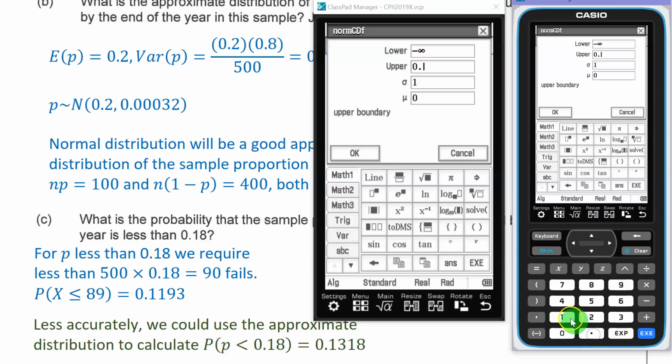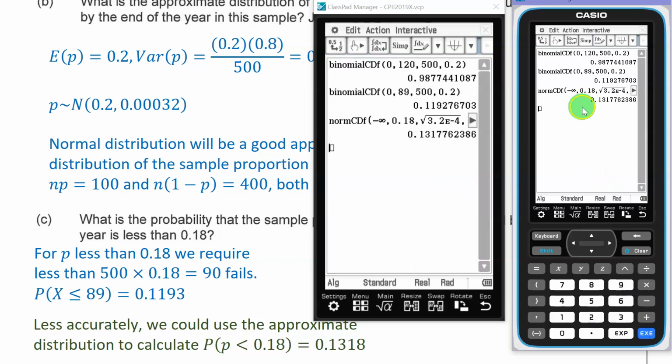Where's my decimal point gone? From negative infinity to 0.18. And the standard deviation was the square root of 0.0032, close the brackets, and the mean was 0.2. And when we fire that one up, it comes out slightly differently, 0.1318.